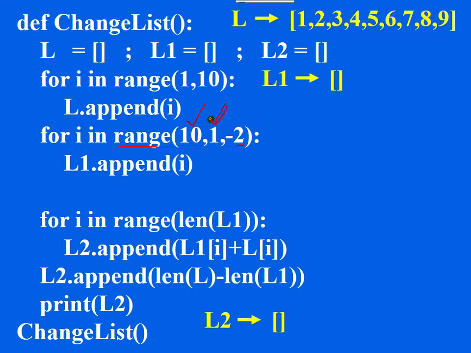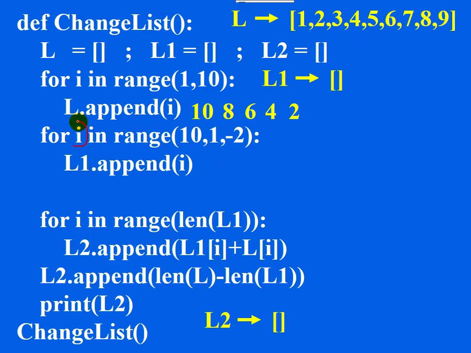So less than or equal to 1 should not be considered. So the integers returned by the range function are 10, 8, 6, 4 and 2.